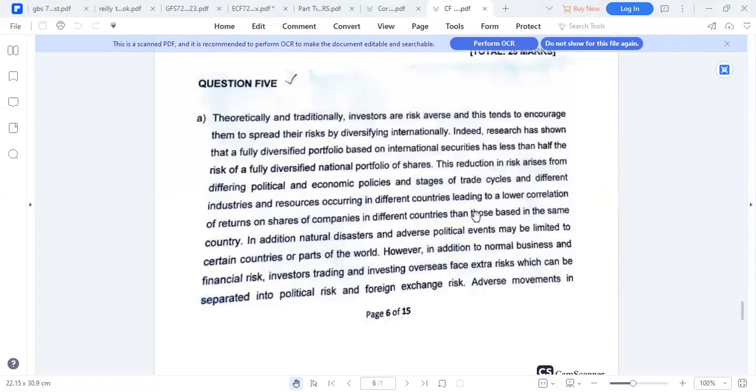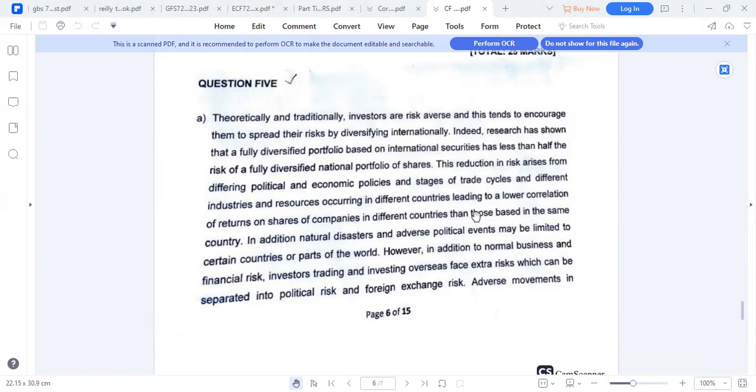Theoretically and traditionally, investors are risk averse, which is true. And this tends to encourage them to spread their risk by diversifying internationally. Indeed, research has shown that a fully diversified portfolio based on international securities has less than half of the risk of a fully diversified national portfolio of shares.